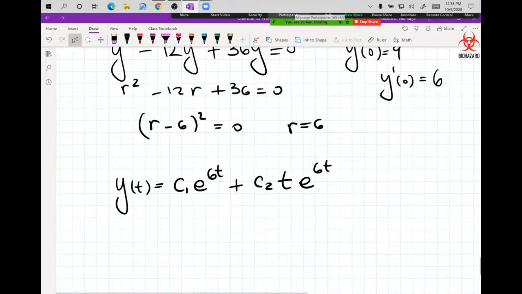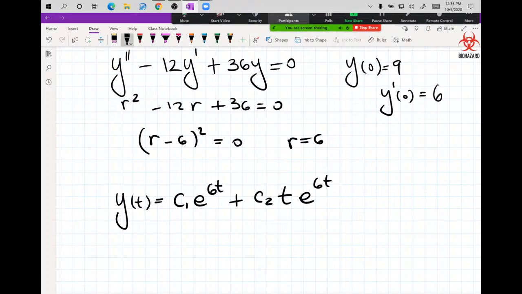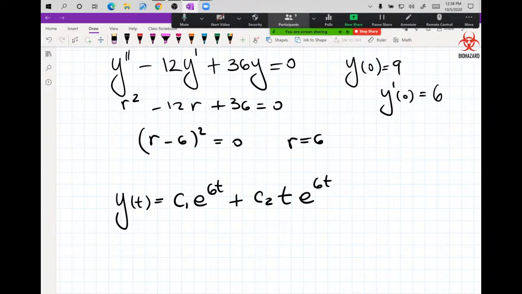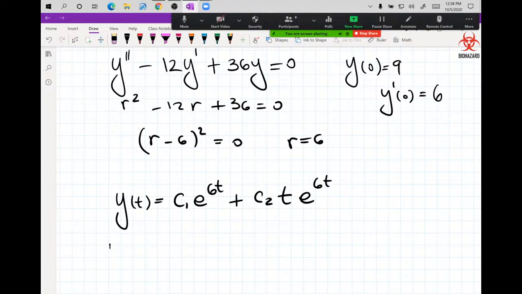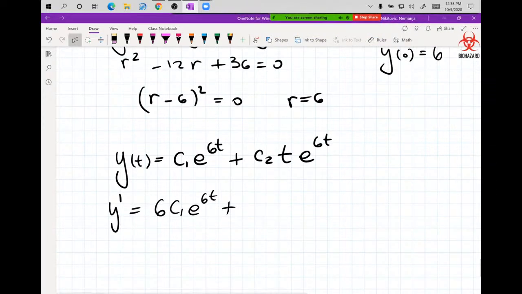Now, that's a general solution. We need to differentiate, so we have an equation to plug the other point in. So we need a y prime. Easy for the first one, 6 c1 e to the 6t. The second one is what? A product. Product rule. Hello, Calc 1, huh?